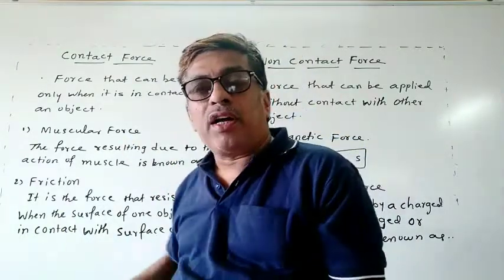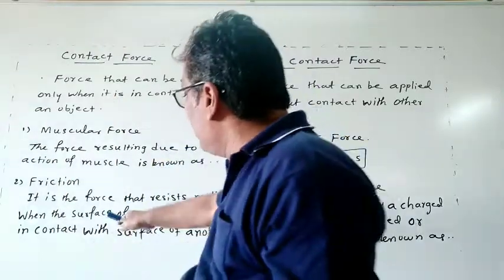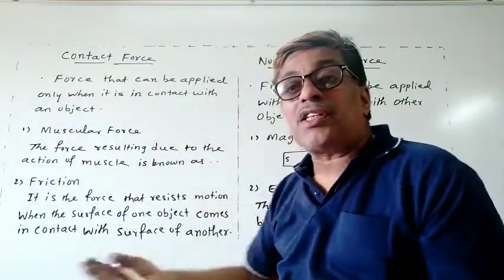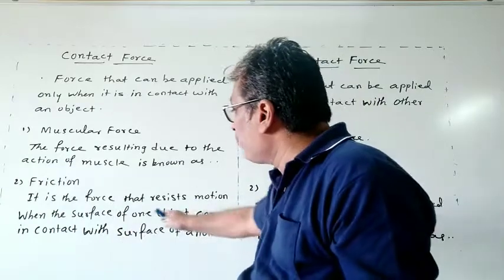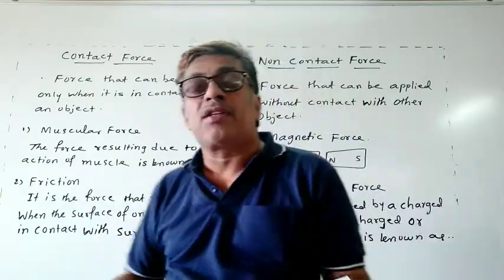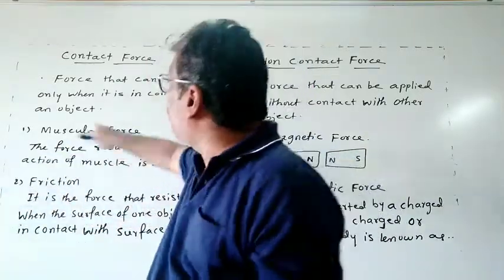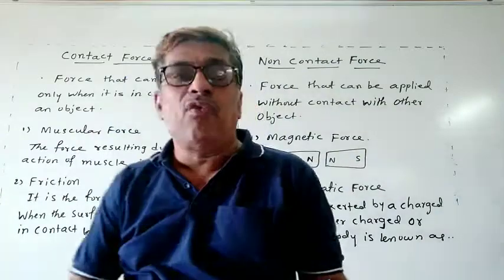And friction: I told you the ball example and many other examples. It is the force that resists, meaning opposes, the motion when the surface of one object comes in contact with the surface of another. Here also you observe contact. So these are all examples of contact force.